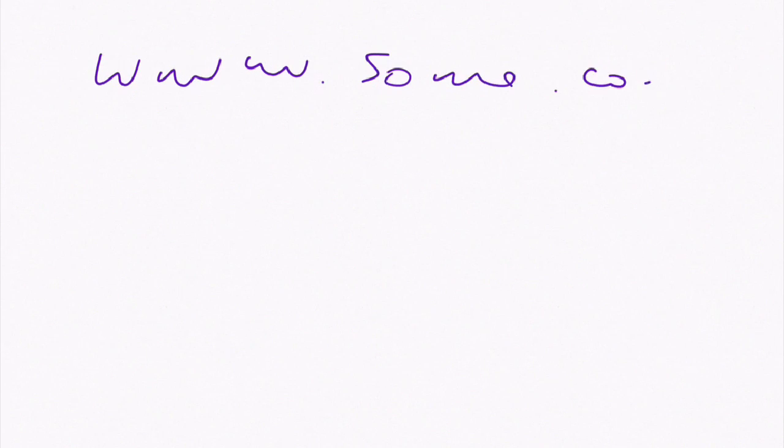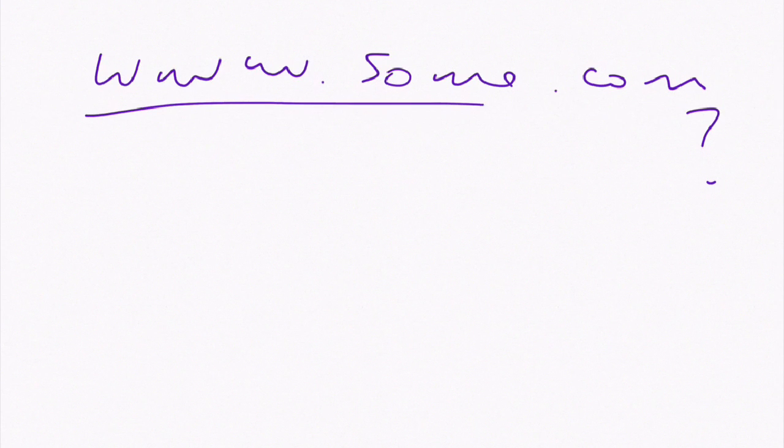Now, there's one final part of the internet we need to address, and that is when you put www.something.com into your browser, how does that get translated into what we need? Well, this is called a domain or a web address. And a domain needs translating first.